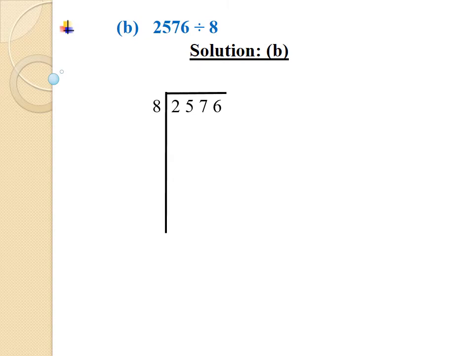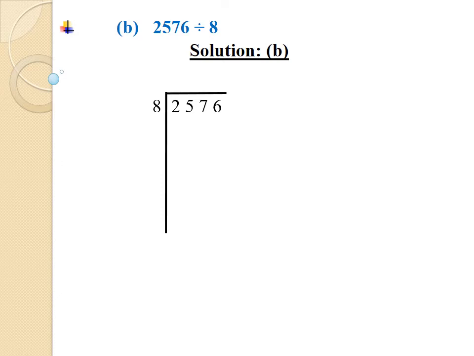Students, we also know that 2-digit number is always greater than 1-digit number. So, we have to divide 25 by 8. Students, we know that 25 is an odd number which is not divisible by any even number.